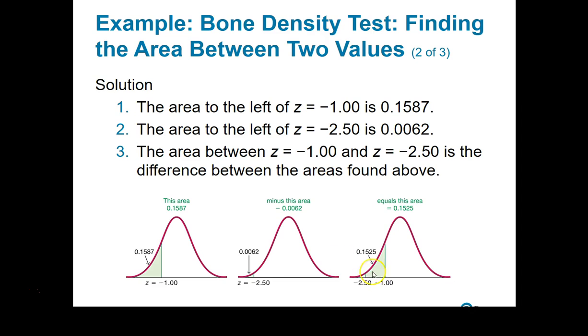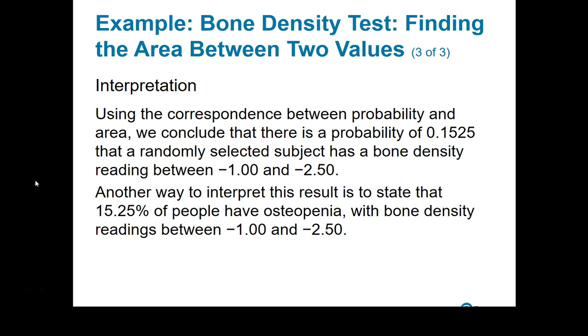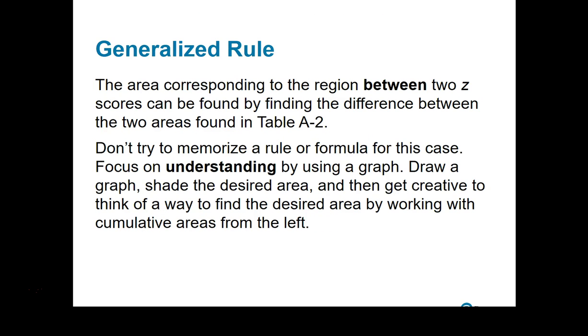The area here is equal to this area minus this area. And it's saying we have 15.25% of the people who have this issue, osteopenia, which is a bone density issue, which I believe is slightly better than osteoporosis. I'm not sure. All right. So between any two scores, we shall simply subtract the two. This makes sense. We have the area is just going to be the difference in the two areas.